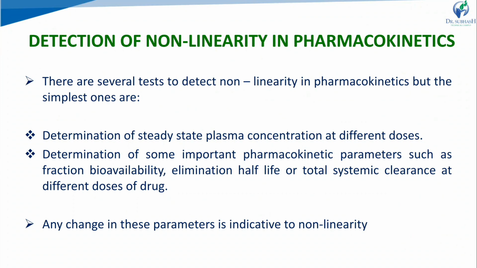Second, we determine important pharmacokinetic parameters like elimination half-life, fraction bioavailability, and total body clearance at different doses of the drug, and then we look for any changes in these parameters. That indicates that the kinetics follow non-linearity.